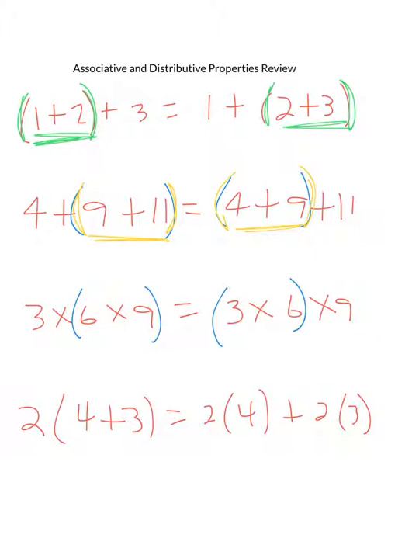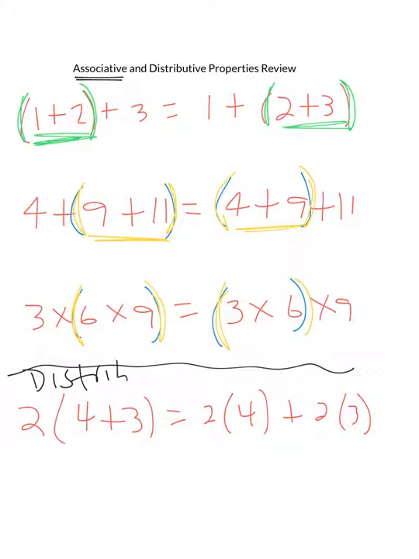Works the same with multiplication. 3 times parentheses 6 times 9 is the same as parentheses 3 times 6 times 9. Down at the bottom, this is distributive property. So here we just did associative. This is distributive property, which is just like what we were doing with our multiplication.